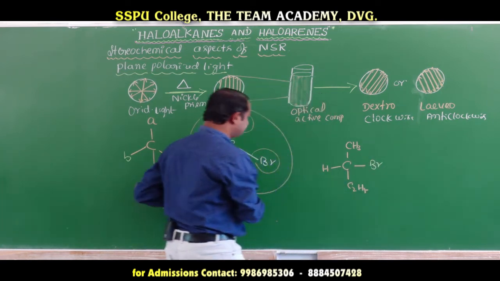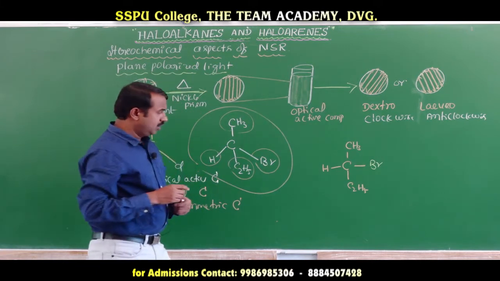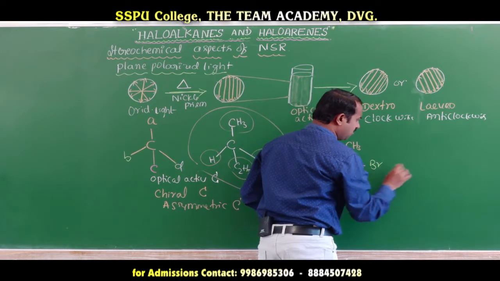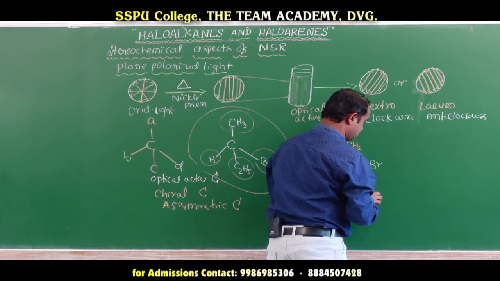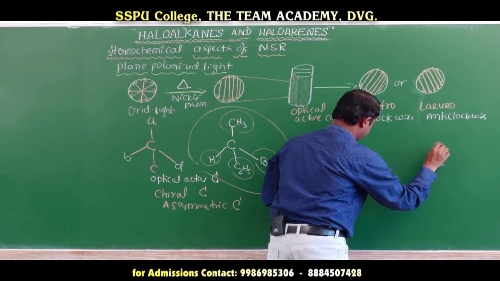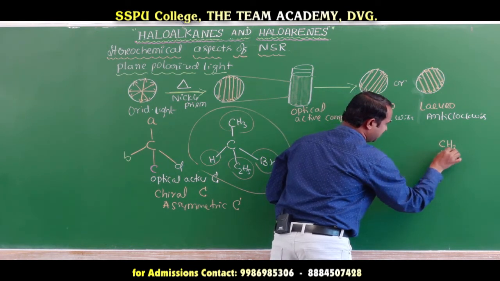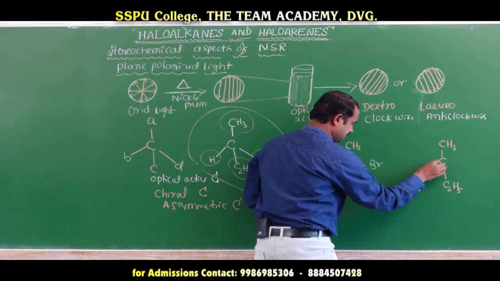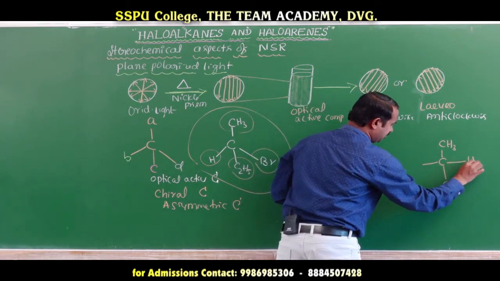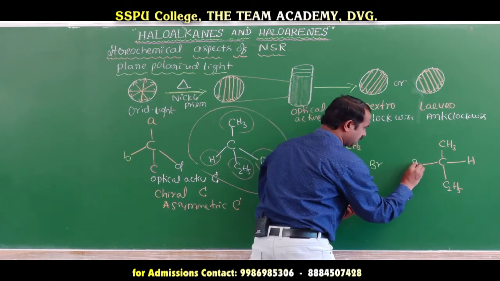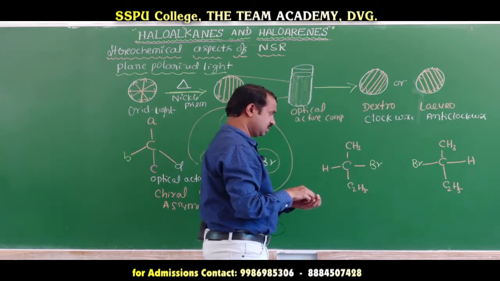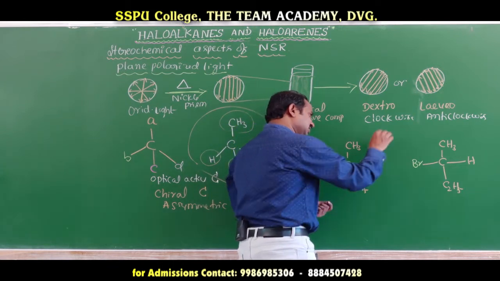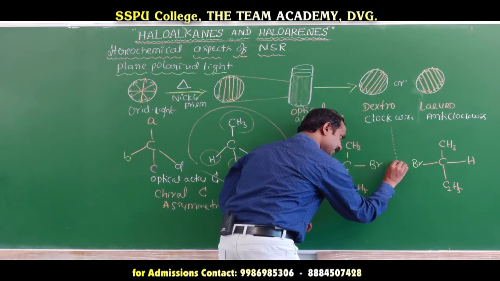I will write the same structure again: carbon with CH3, C2H5, hydrogen and bromide. With the same formula, this is the mirror image.